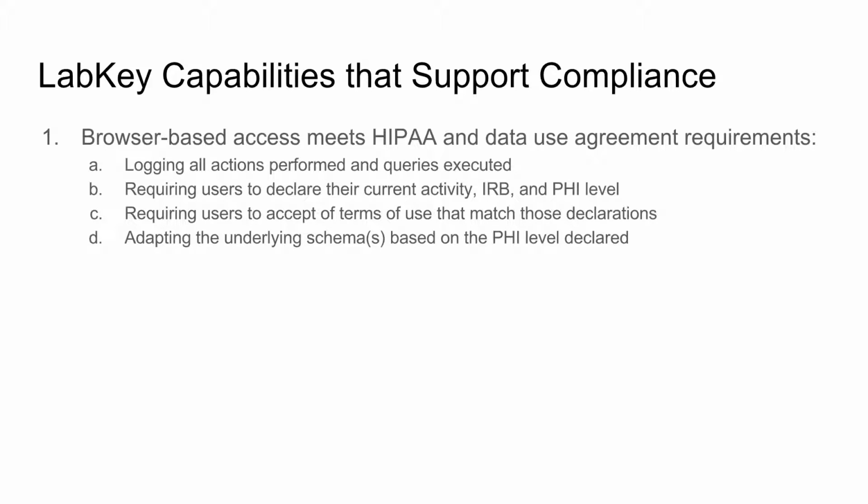And then finally, LabKey's ability to adapt the underlying schemas based on the PHI level that was declared. So I'll just demo some of these capabilities quickly before we move into the API session keys.